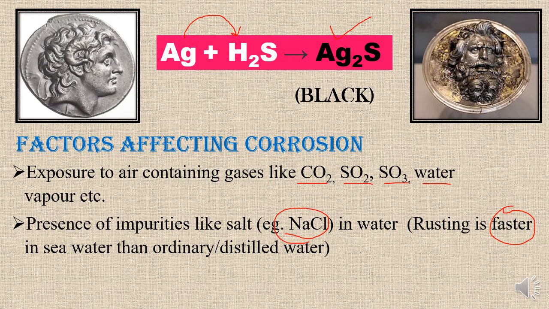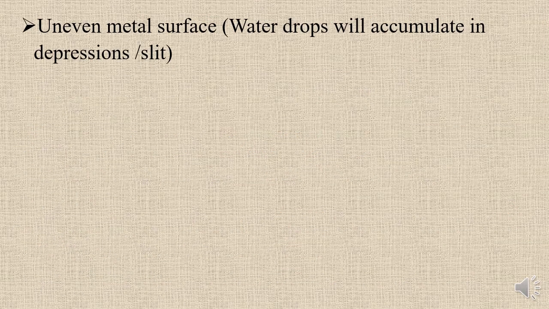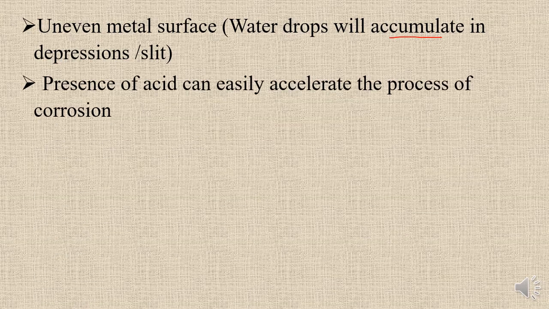For example, rusting is faster in seawater than ordinary or distilled water. Number 3, temperature. An increase in temperature also increases the rate of corrosion. Number 4, if the metal surface is uneven, water drops can accumulate in the depressions. This will increase the rate of corrosion.